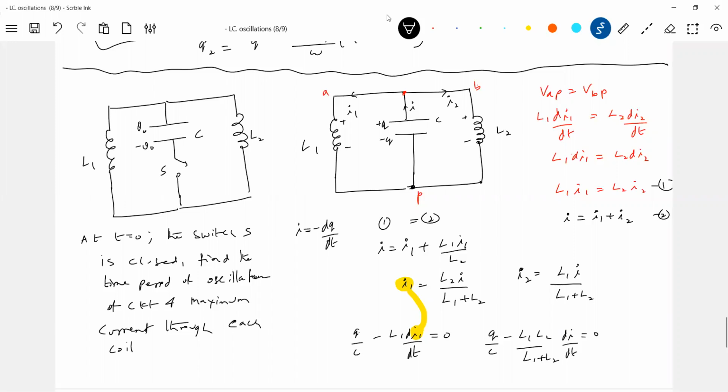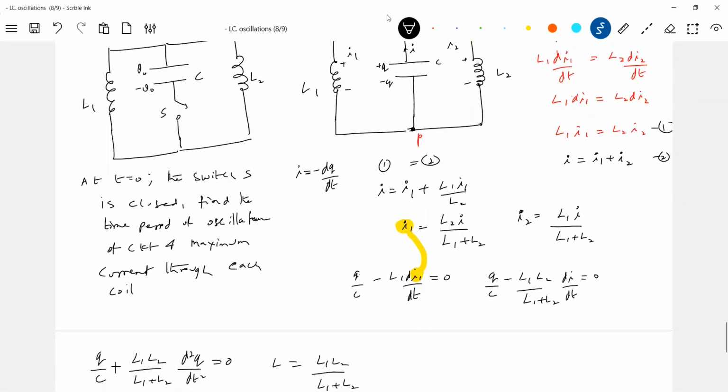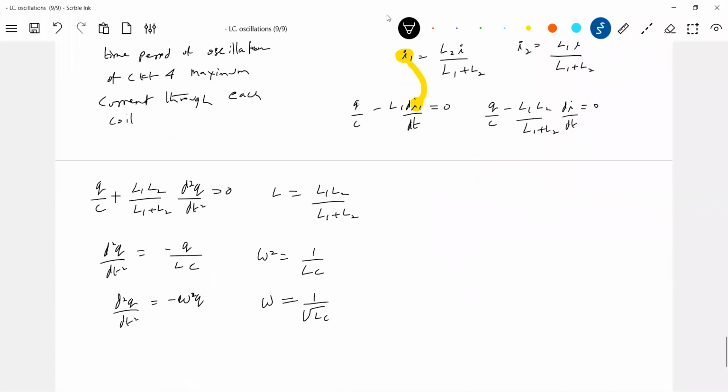If I separate them by a distance of around 3, 4, 5 centimeters, or to avoid that mutual inductance, I'll cover this coil so that the flux of one will not link the other. If they mention it, consider it. Otherwise, don't think about that.